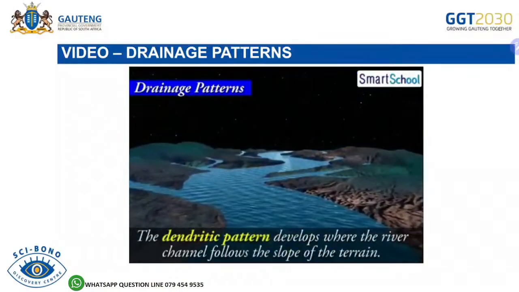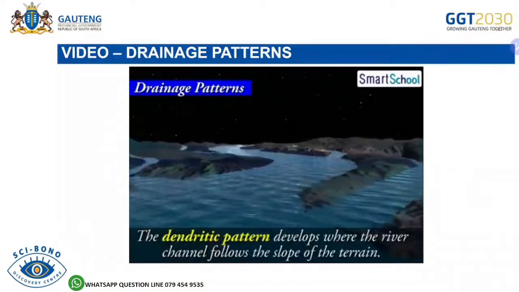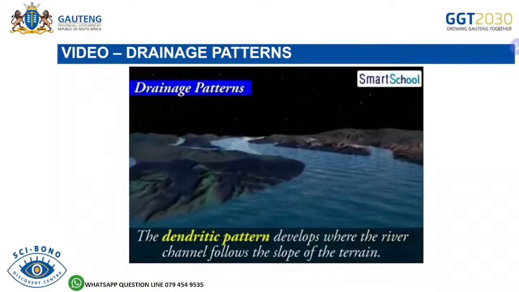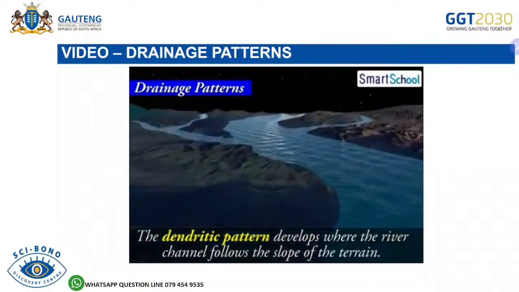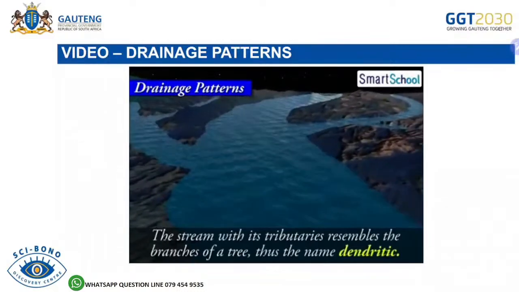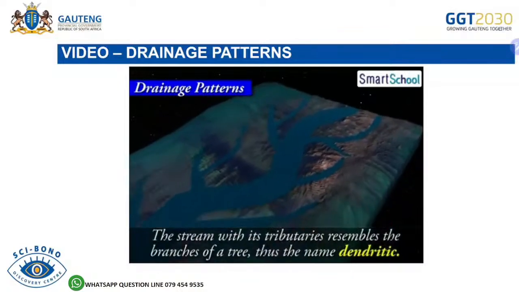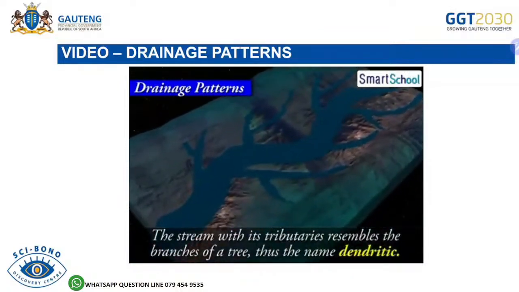The dendritic pattern develops where the river channel follows the slope of the terrain. The stream with its tributaries resembles the branches of a tree, thus the name dendritic.